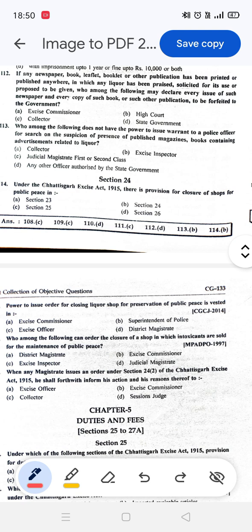So here the correct option is state government. Question number 113. Who among the following does not have the power to issue a warrant to a police officer for search on the suspicion of presence of published magazines or books containing advertisements relating to liquor? So here the correct option is Excise Inspector.